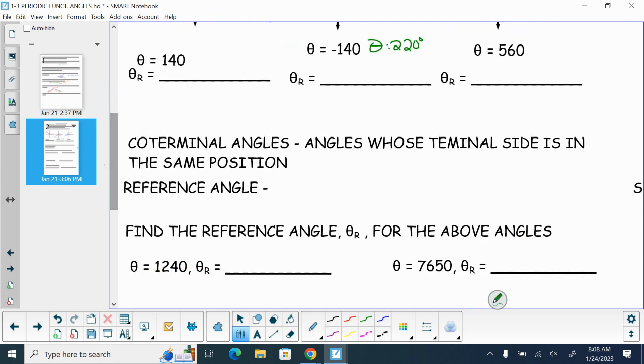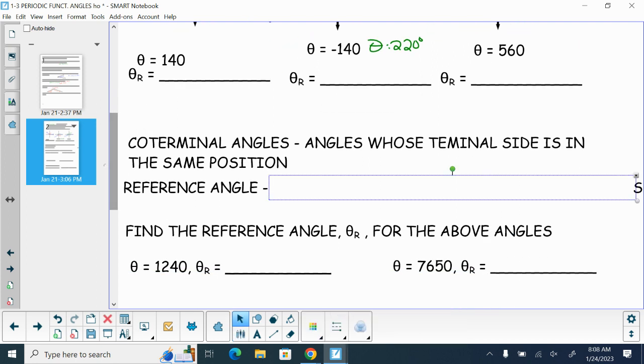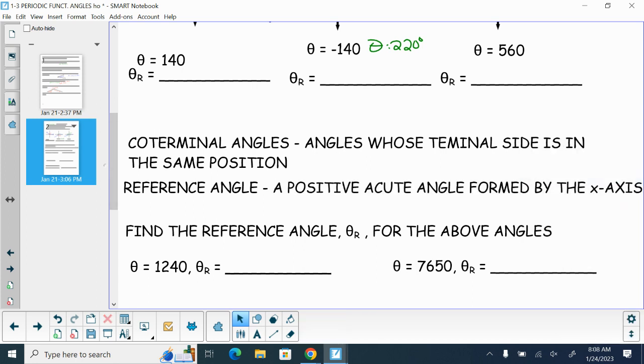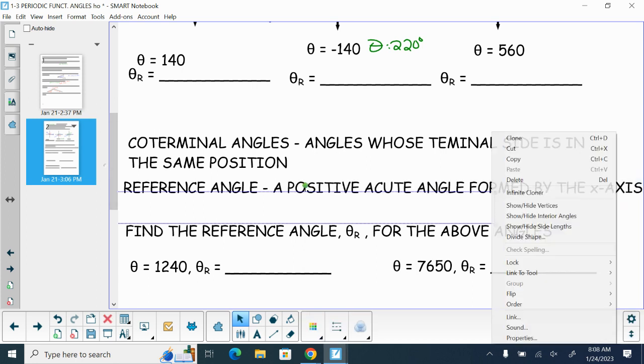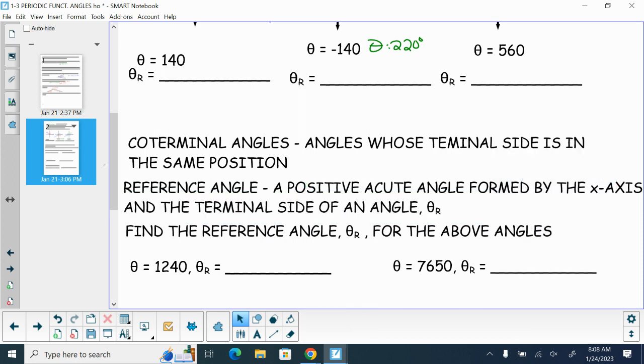Reference angle. We talk about a reference angle. It is a positive angle. It is an acute angle that's formed by the x-axis and the terminal side of an angle.